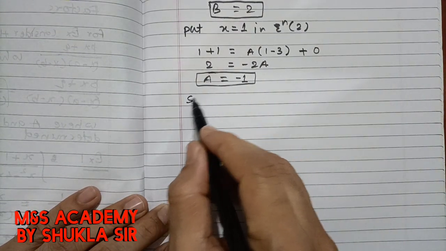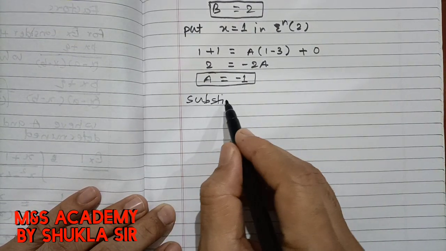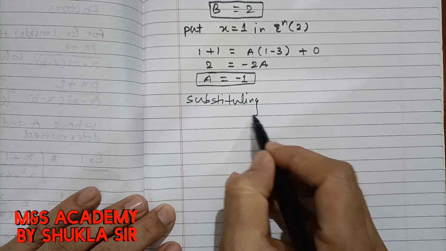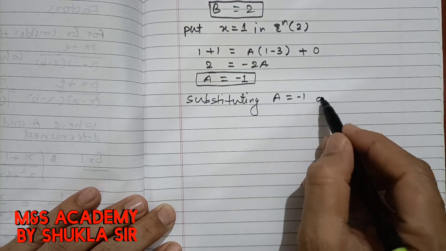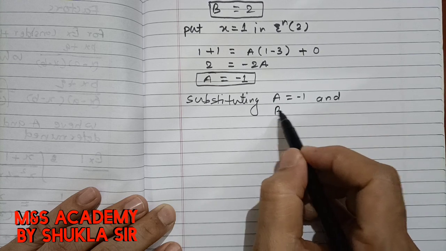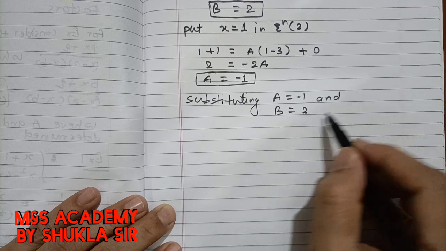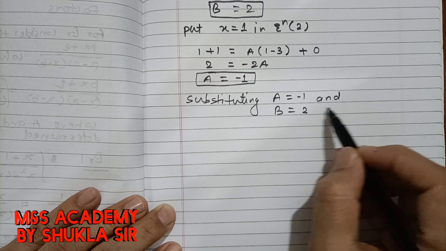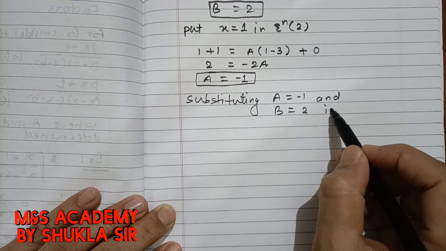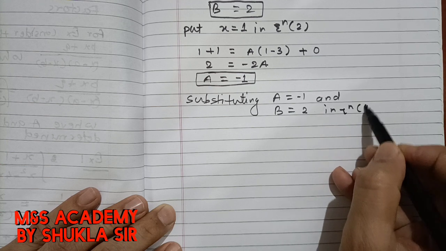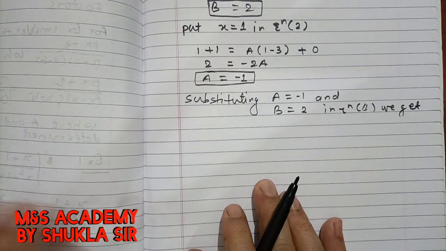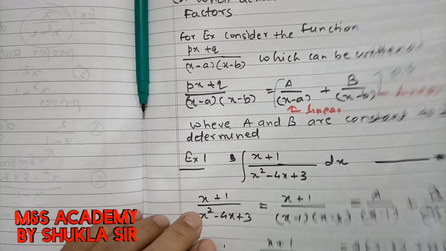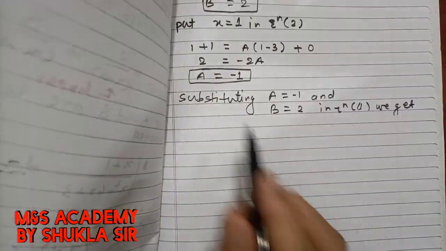Next, substituting a is equal to minus 1 and b is equal to 2 in equation 1, we get our rational function, that is the partial fraction.